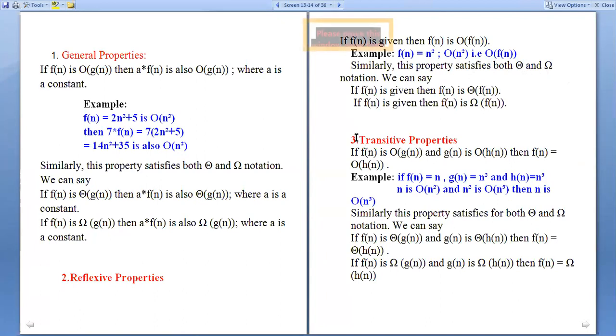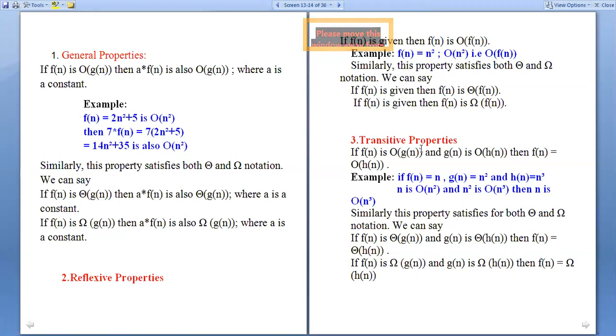Okay. Next one, transitive properties. So what is a transitive property? Simple example for transitive property is if x equal to y and y equal to z, then what is x equal to? That is also z.